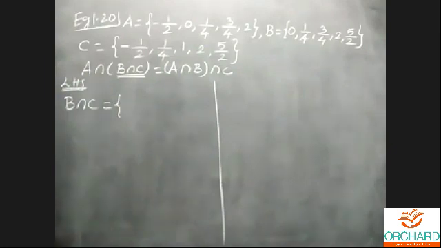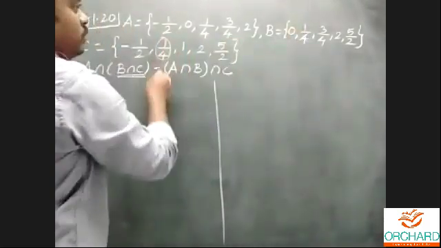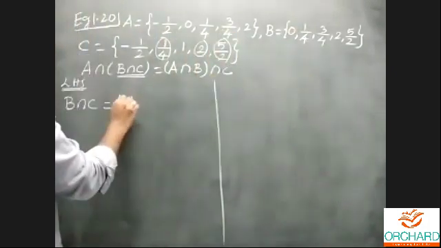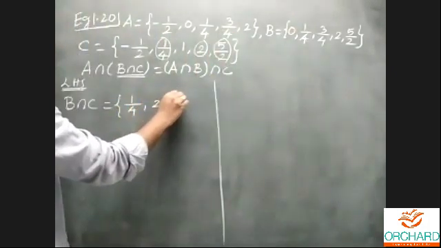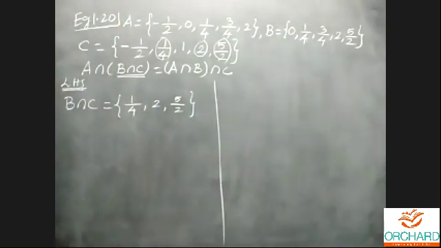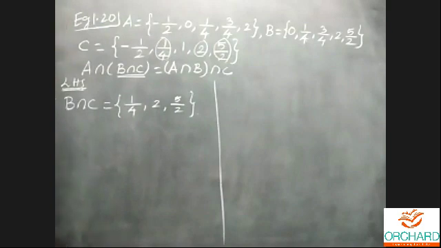Compare the elements of set B and set C. What are the common elements? 1/4, 2, 5/2. Only these three elements are common between the sets B and C.